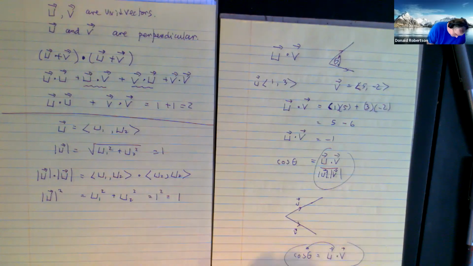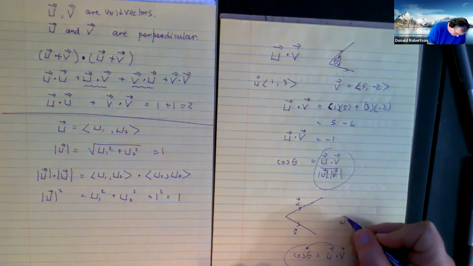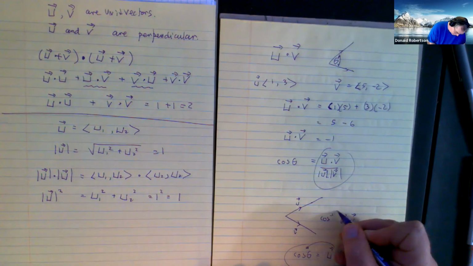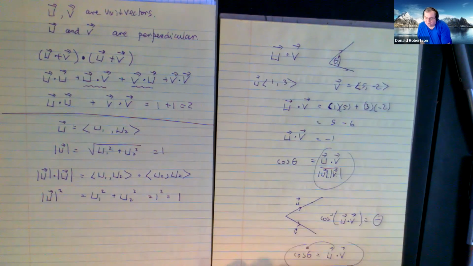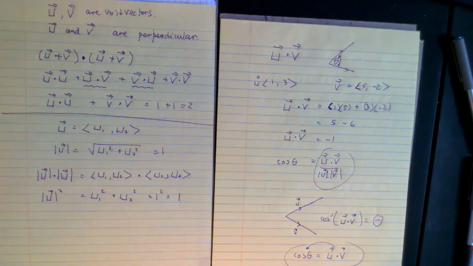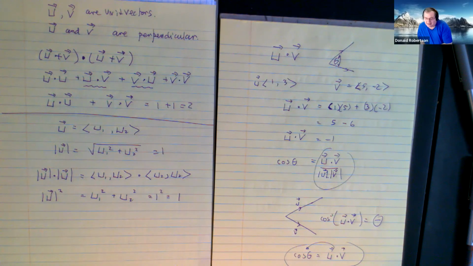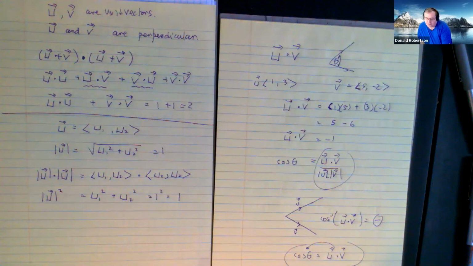If I rewrite this even more weirdly, isn't the inverse cosine of the dot product the angle between two vectors? That only is true if u and v are unit vectors.